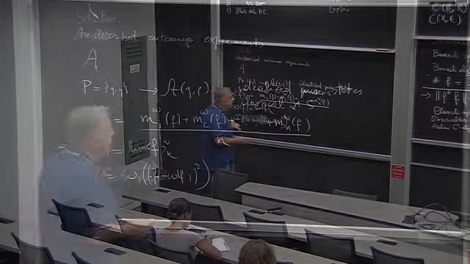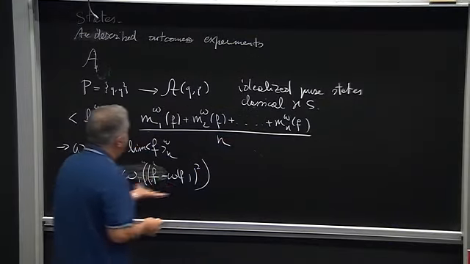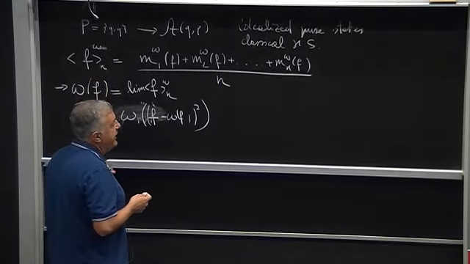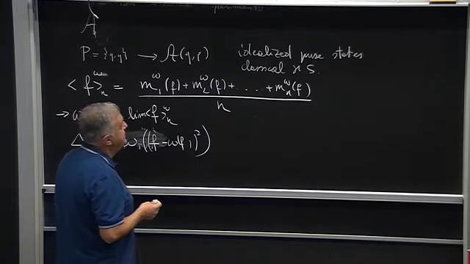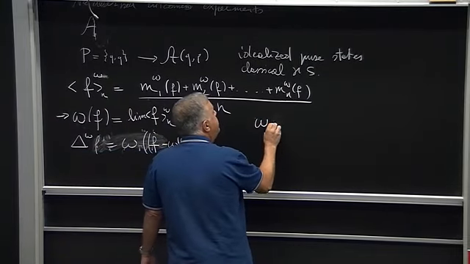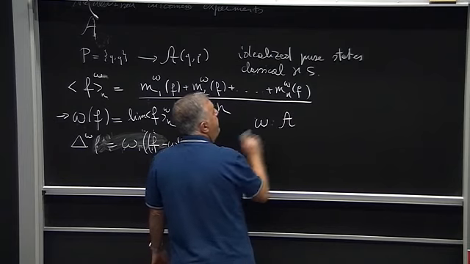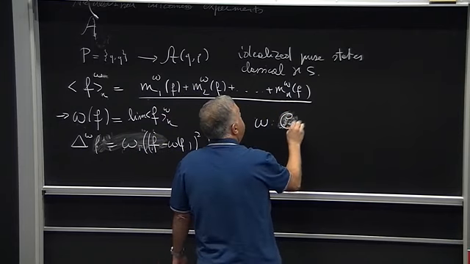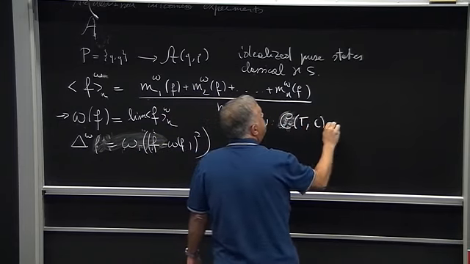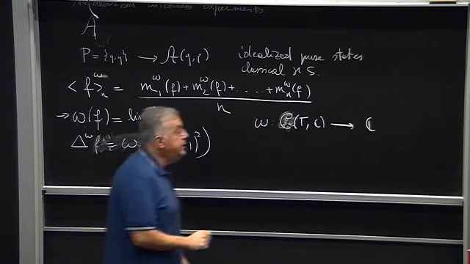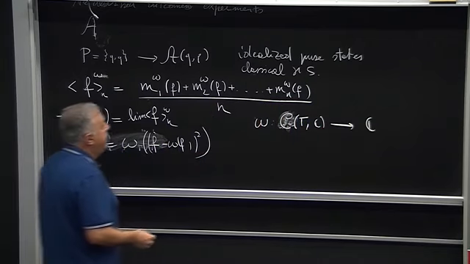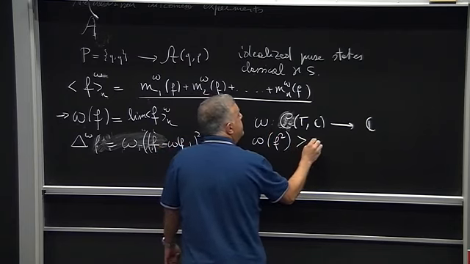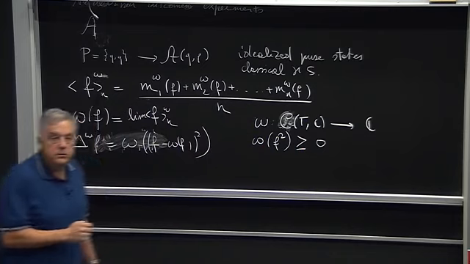So what is a state in the end? If you look at this definition, you can extract a mathematical characterization for a state. A state is therefore a linear map from the algebra of observables, in this case, the continuous functions on your phase space, into the complex numbers, such that when you measure positive quantities, you get positive outcomes.